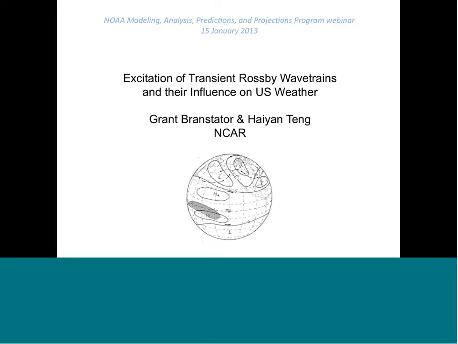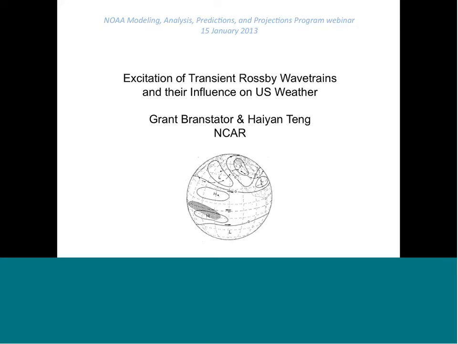Okay. So I wanted to talk to you today about some work that we've done that has to do with how Rossby wave trains can affect conditions over mid-latitudes, in particular over the United States. Of course, this is an idea that is familiar to everyone because of the role that such wave trains have in ENSO.